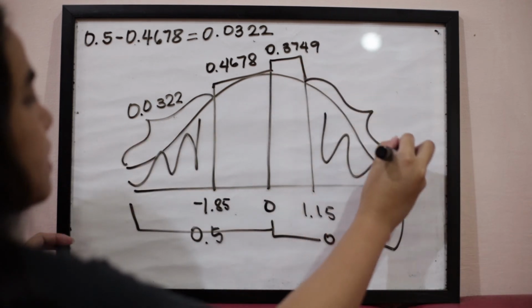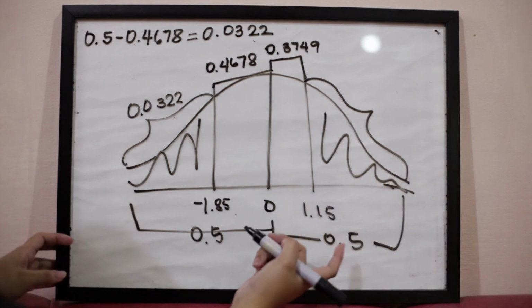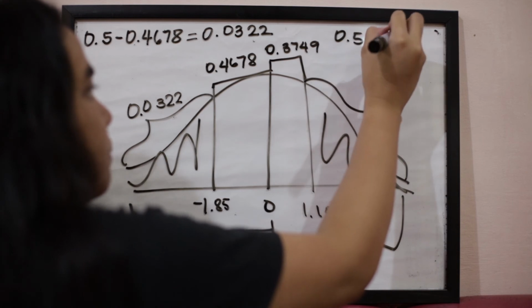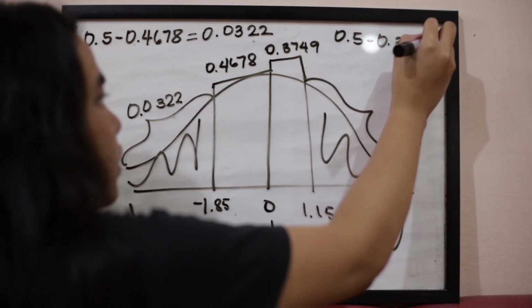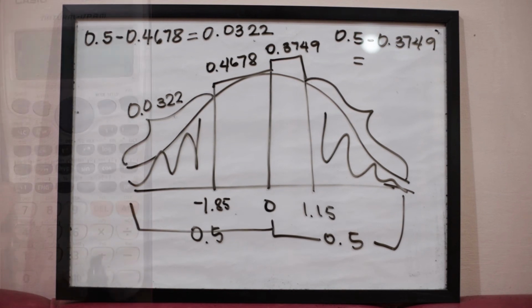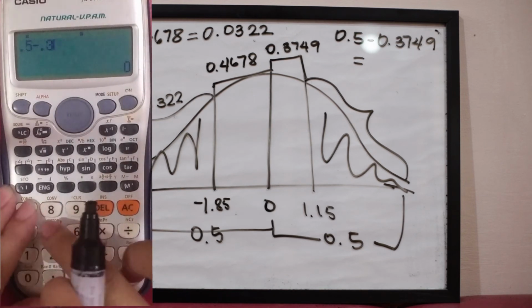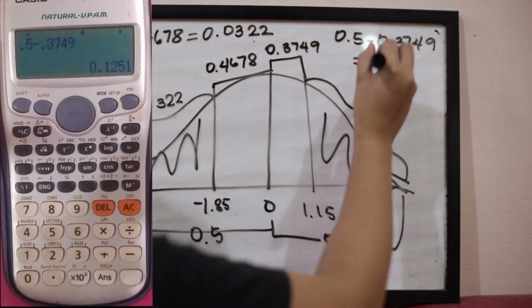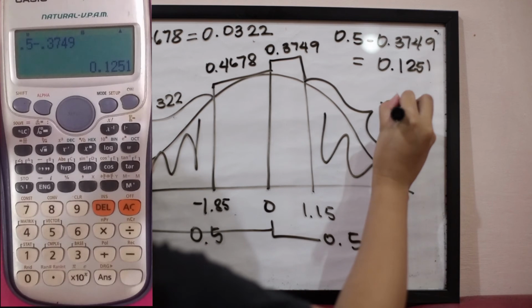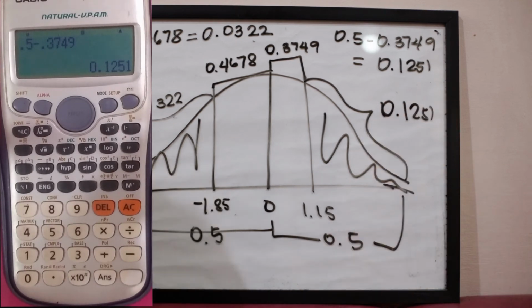Next, to get this shaded part, 0.5 minus 0.3749 is 0.1251. And this is 0.1251.